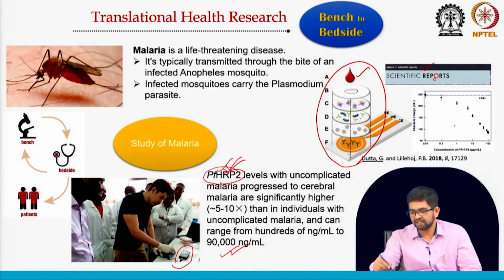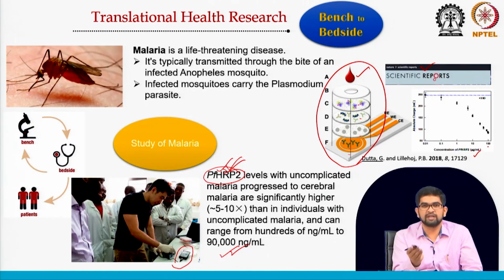Here you can see very high concentrations in microgram per ml, like 100 microgram per ml, and at this concentration we can detect malaria. So, we solved this issue in the lab: from picogram, very small concentrations, to high concentrations, we can now detect. This sensor is ready now for field testing again.